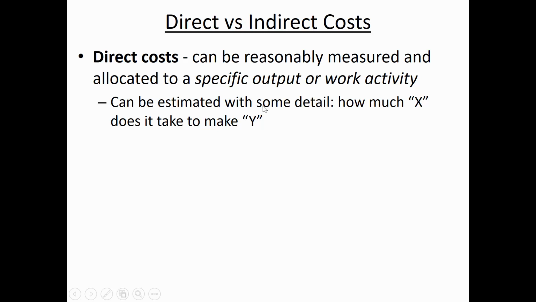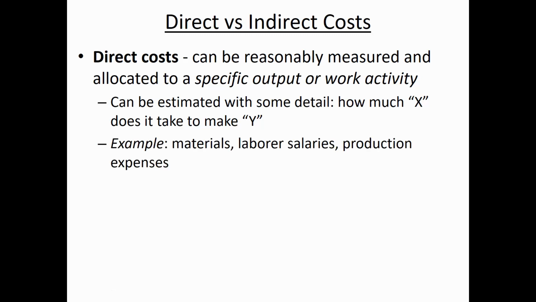You can say with some detail how much cellophane is required to make a box of Twinkies. The cellophane is the plastic wrapping around the outside. Or you can say how much flour, how much sugar. Those are the inputs. The direct costs are those that are specifically related to the level of output.